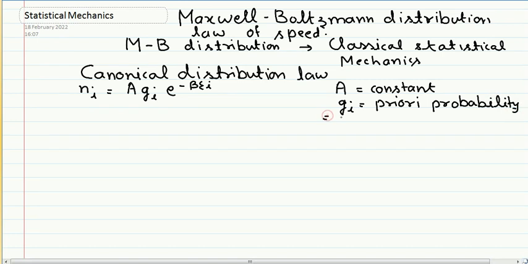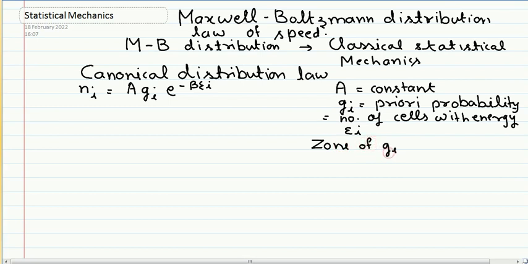It is the number of cells with energy ei. So gi, the number of cells, makes a zone of gi cells with energy ei. So gi means we have to calculate the number of cells.